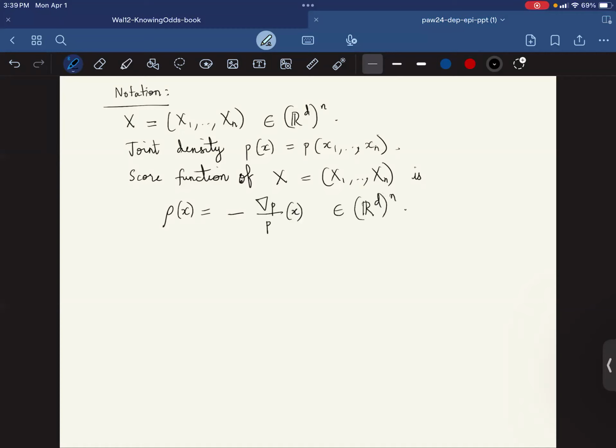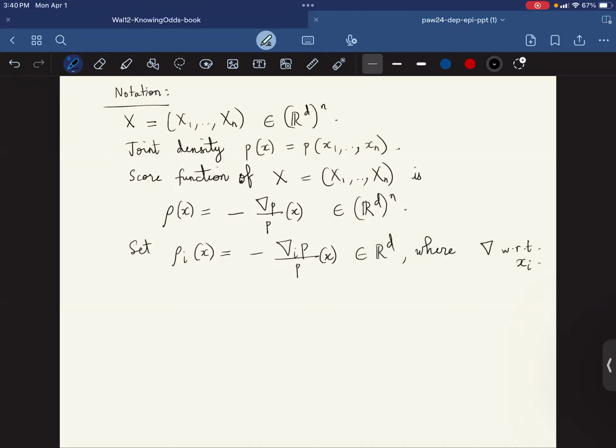But now we can set rho i. Set rho i of x to be minus gradient sub i of p divided by p. And this is going to be in Rd, where the gradient sub i is just the gradient with respect to the ith x, the gradient with respect to xi in the argument. And that itself is a d-dimensional gradient.